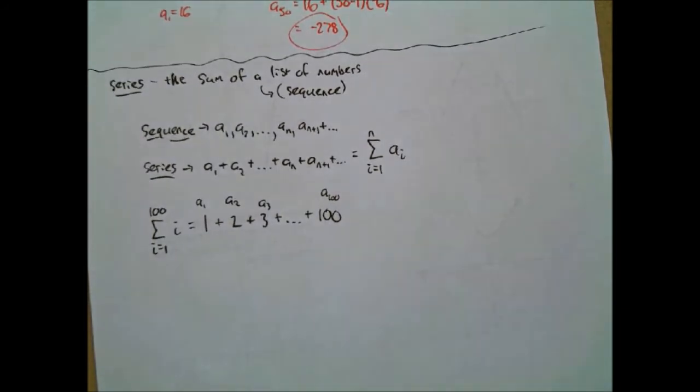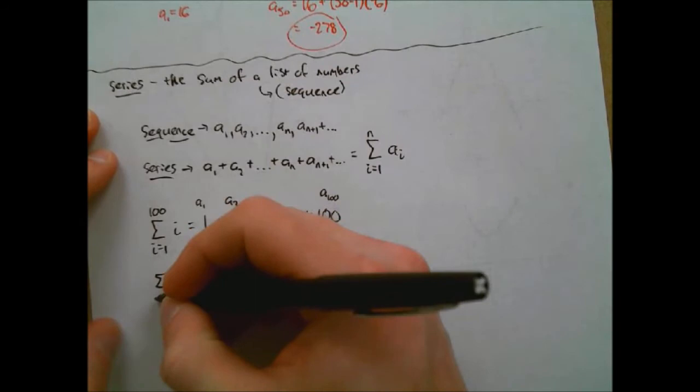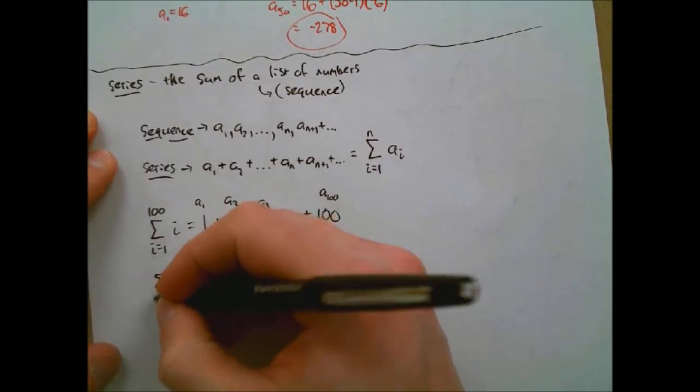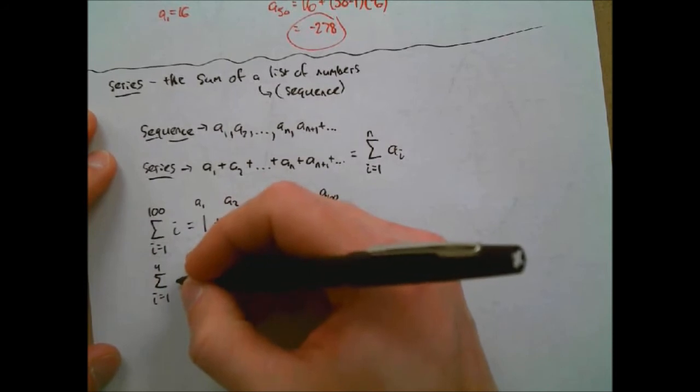If we wanted to take one of our series or sequences from earlier, we could also sum those up. For example, the very first example that we did here, I could write the sum from i equals 1 to 4 of 4i minus 1.